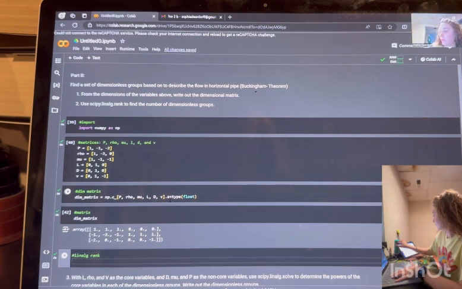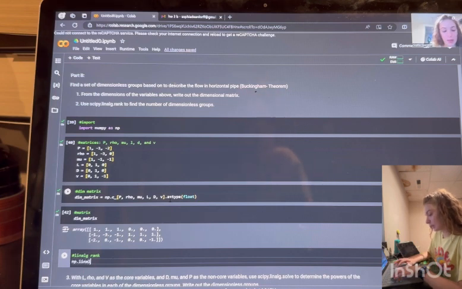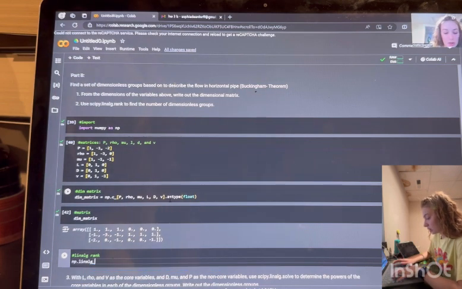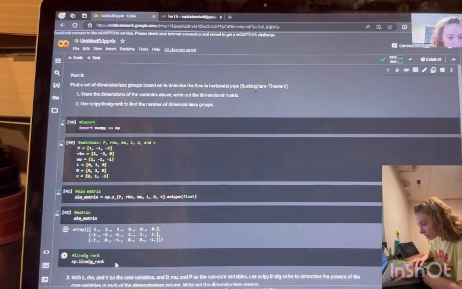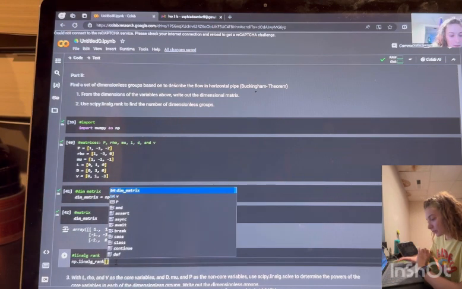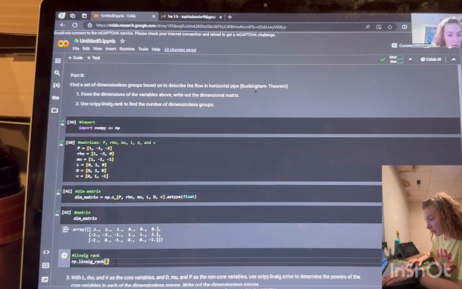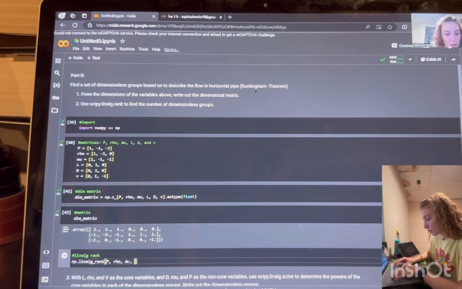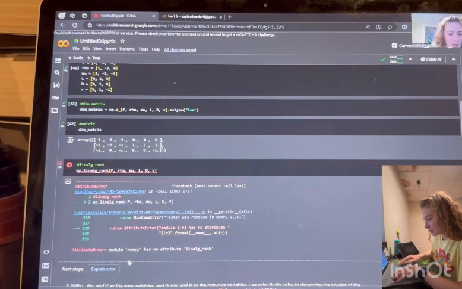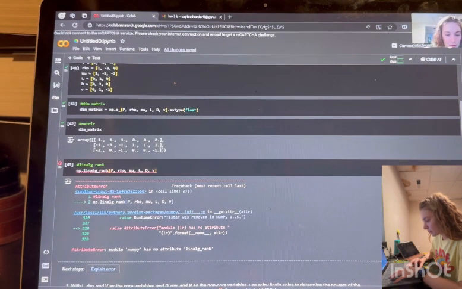And then we'll do the np.linalg.matrix_rank that we've been given here. And that's gonna be p, rho, mu, l, d, b.